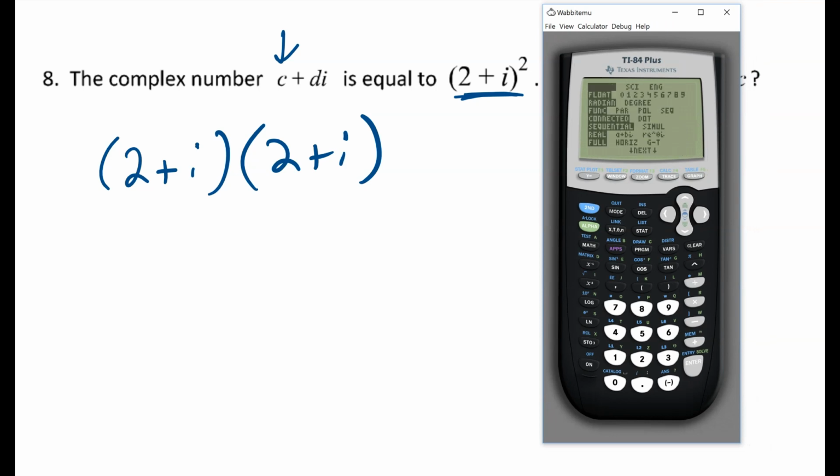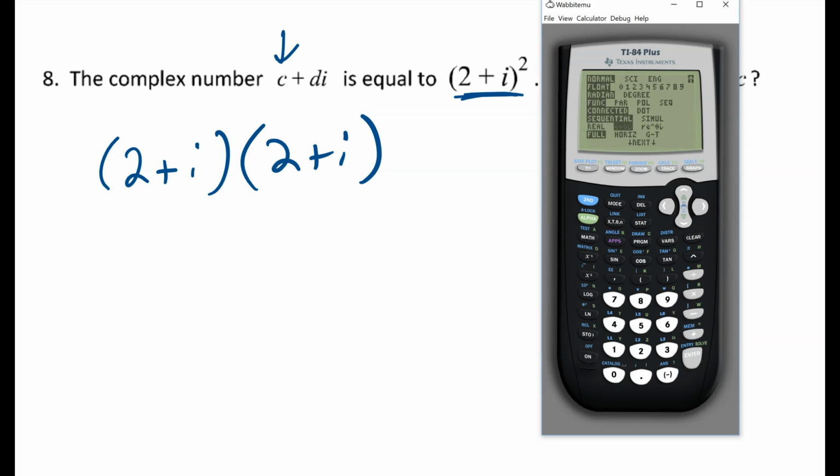So if you hit the mode button, your calculator should always be in a plus bi mode, so I'm just going to turn that on right here. And from there, I'm going to go back to my home screen, and I'm going to just type this in, 2 plus i squared. Open parenthesis, 2 plus your i button. If you hit second period, that'll get you your i.